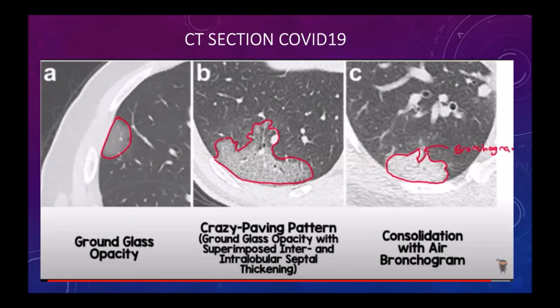When it fills with this fluid that is in between the air sac and the blood vessel, it goes right in this little sac here. When the infection starts to go into the lung sac, I think if you recall, I showed you a picture of the alveolus, the little sac. Once that infection is inside here, now it's called consolidation. And finally, when it becomes overwhelming and it's in the tissue space, it's in the lung, and it's all around the tissue, it now becomes like this, called, I don't know why we use this name, crazy paving pattern.